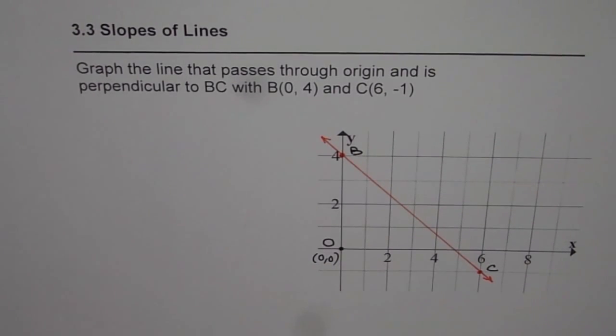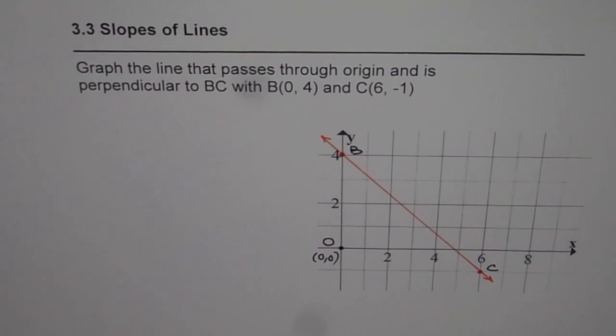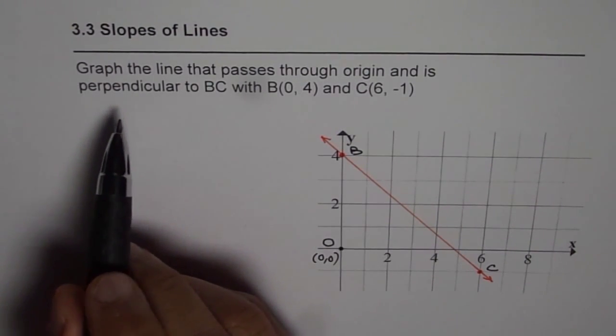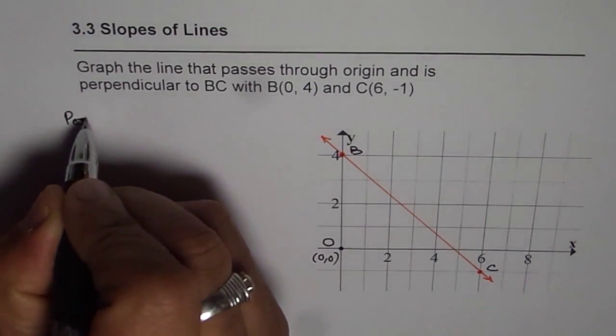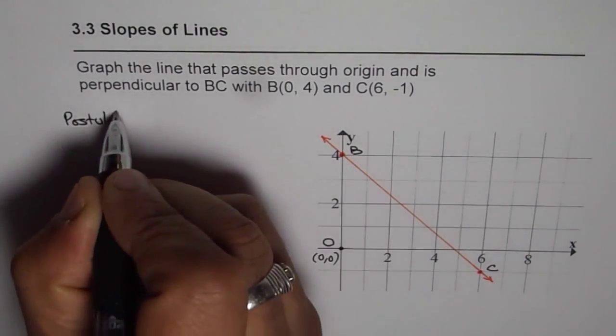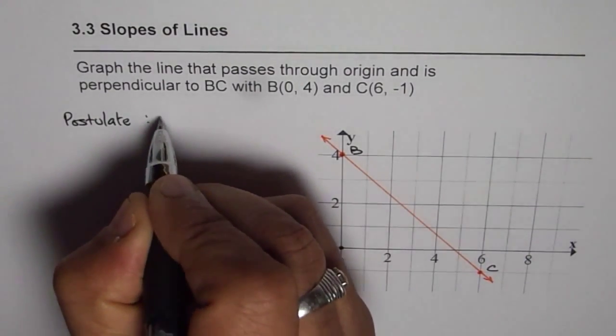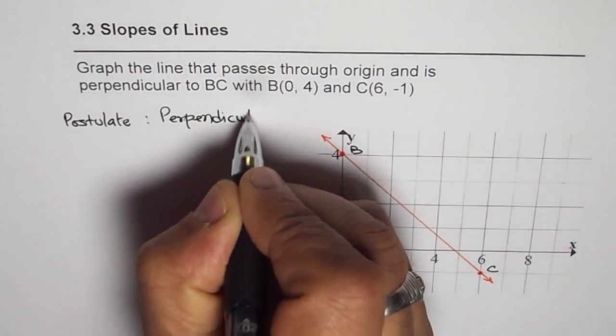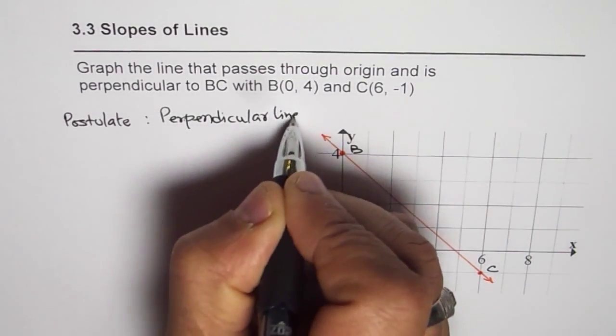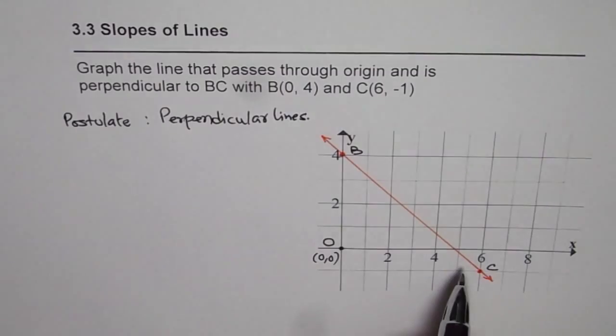How are we going to draw it? Let us try and understand. There are a couple of things which we need to consider. One is what are perpendicular lines. So that is the postulate for perpendicular lines. Now we are considering non-vertical lines.